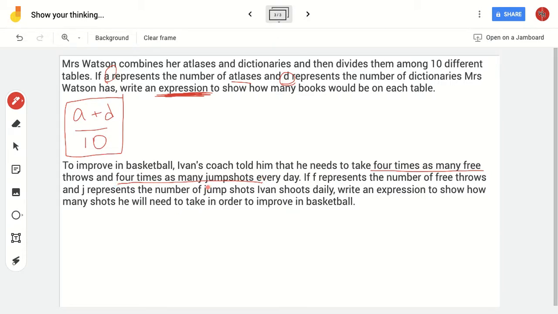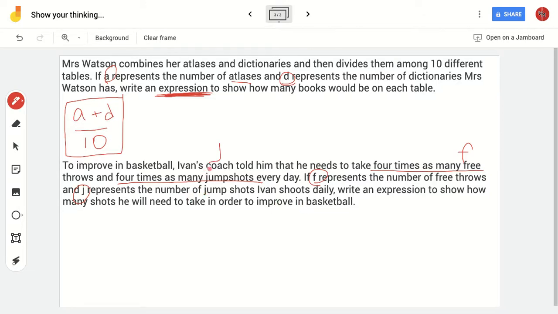Okay? If F represents the number of free throws, up here, I'm going to put an F, number of free throws, and J represents number of jump shots. J, that goes with jump shots. Ivan shoots daily, write an expression to show how many shots he will need to take in order to improve in basketball.